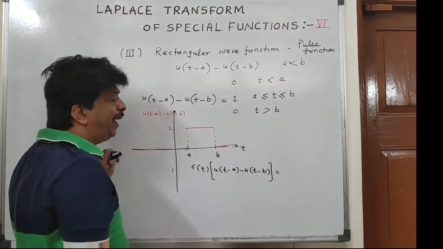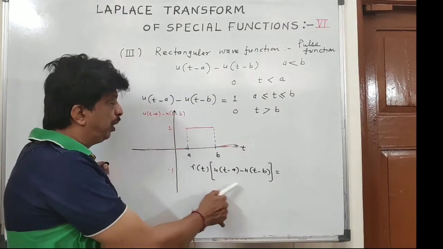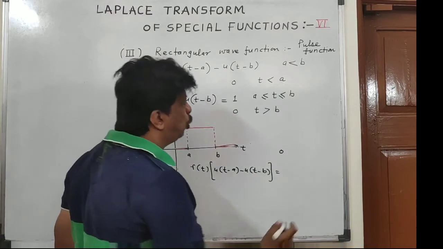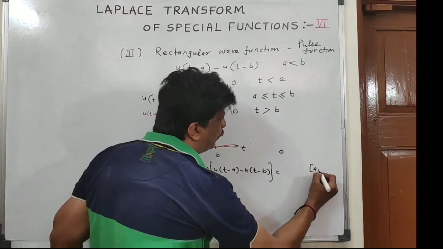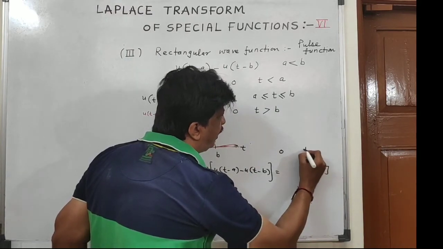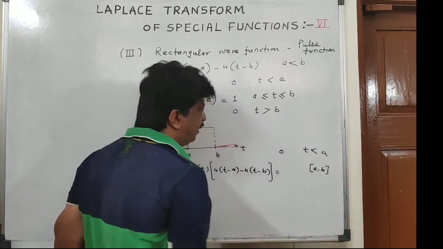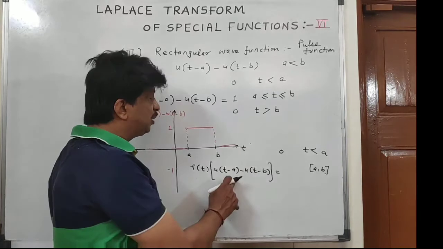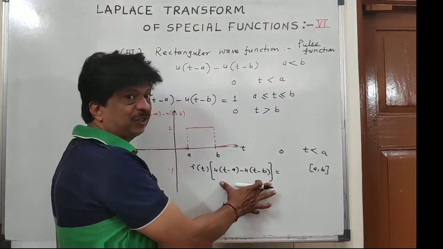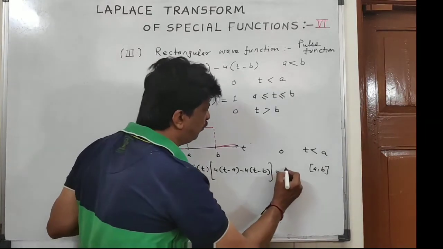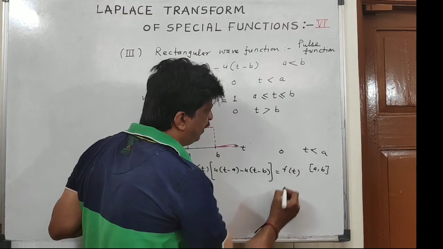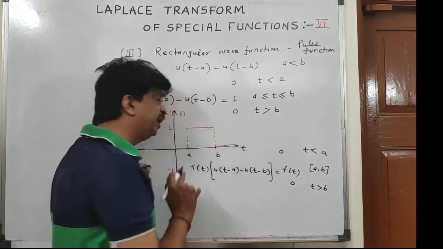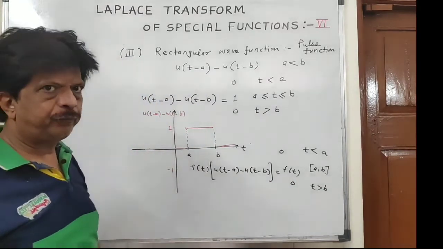When t is less than a, the value is 0, and 0 into anything is 0. When t lies in the closed interval a to b, the bracket's value is 1, and 1 into f of t is f of t. And when t is greater than b, the value is 0, and 0 into anything is again 0.